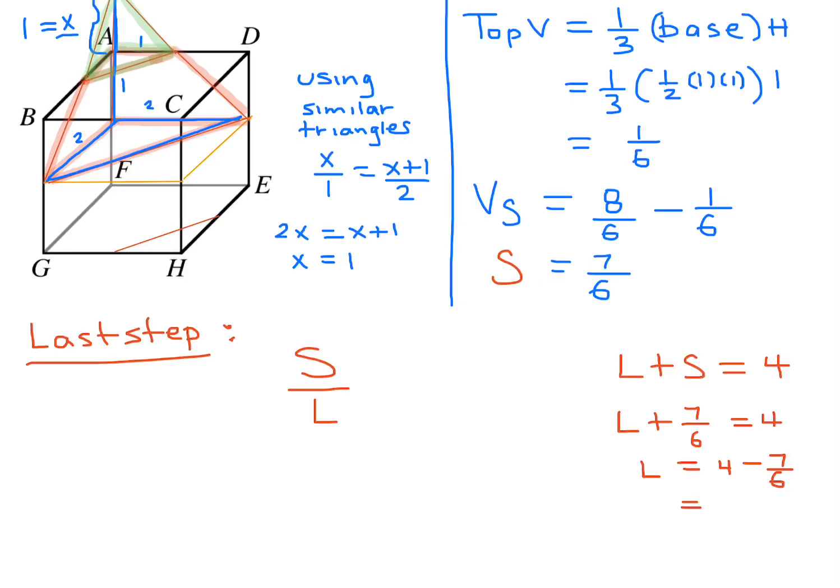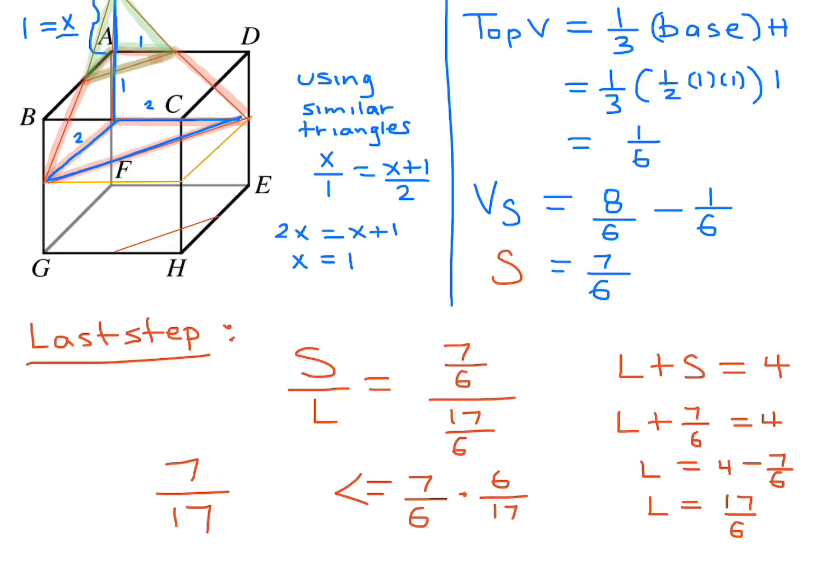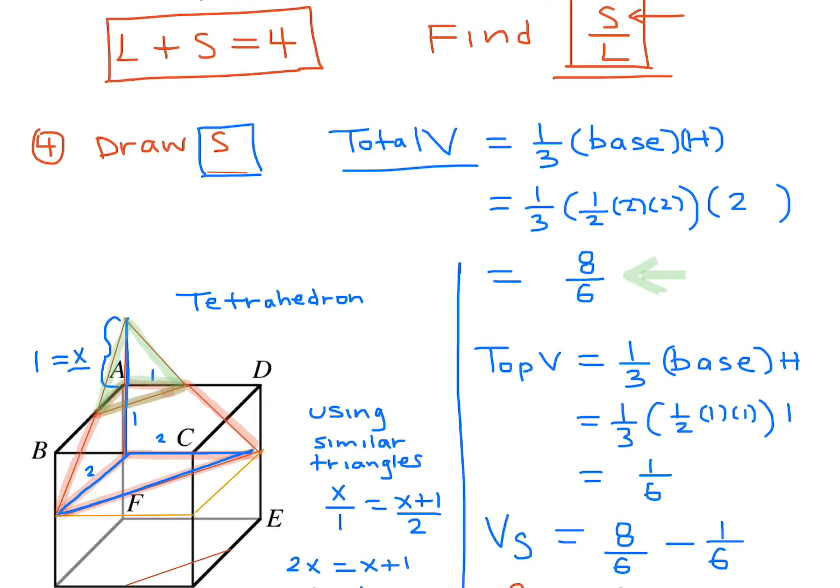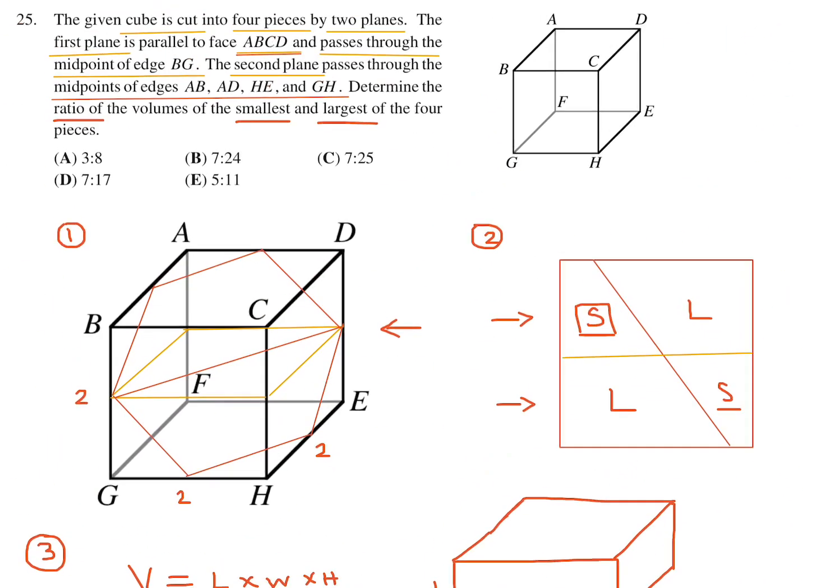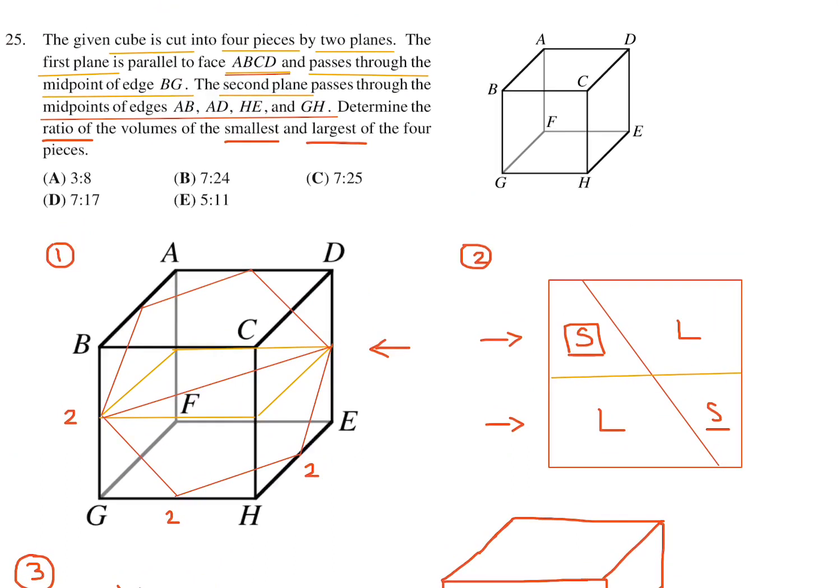So this looks like 24 minus 7, 17 over 6. All right? And therefore, finally, S over L, 7 over 6 over 17 over 6. Invert and multiply. And we'll get 6 over 17. And finally, we have 7 over 17. All right? So that is 7 over 17, which is 25, which is D.